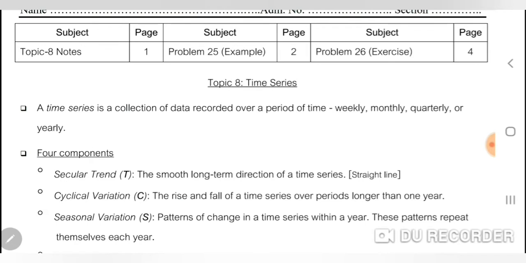In the theory of time series, statisticians studied 4 parts: secular trend, the long-term direction of the business, a straight line concept; cyclical variation, rise and fall over some years, rise and fall of business; seasonal variation, rise and fall pattern in 1 year.